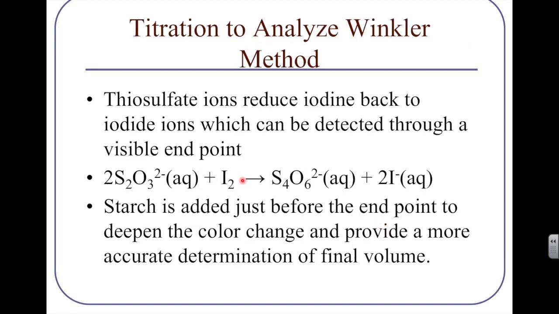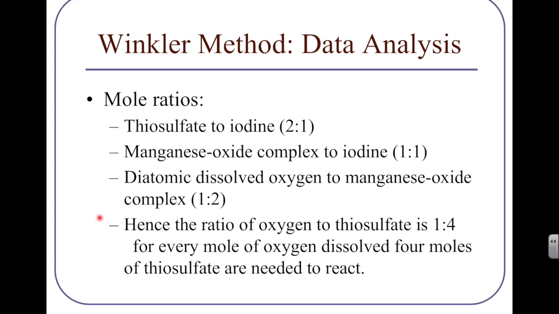Okay, and then the I2 is going to get reacted with S2O3. And you should get a visible endpoint right here. Now, added bonus, you can add some starch at the end just to make the endpoint much more bright. So it's super cool.